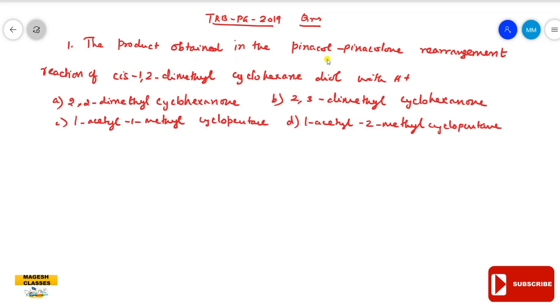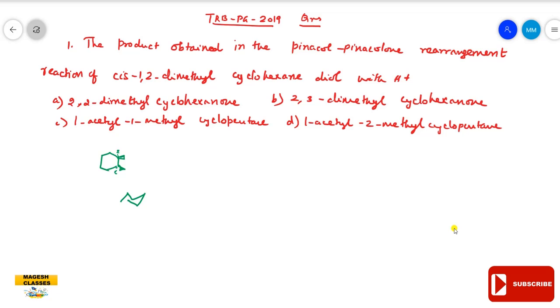The product obtained in the Pinacol-Pinacolone rearrangement reaction of cis-1,2-dimethyl cyclohexane diol with H+. We have already discussed cis-1,2-dimethyl cyclohexane diol. So cis, the same place, and the methyl below the plane. So it is cis-1,2-dimethyl cyclohexane diol.